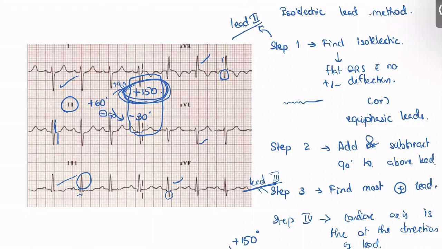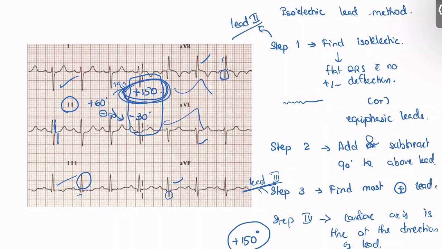Okay, can you get that? Step 1, find the equiphasic or isoelectric lead. Then add and subtract 90 degrees to that lead. The answer will be one of these results, so we have to choose which one.